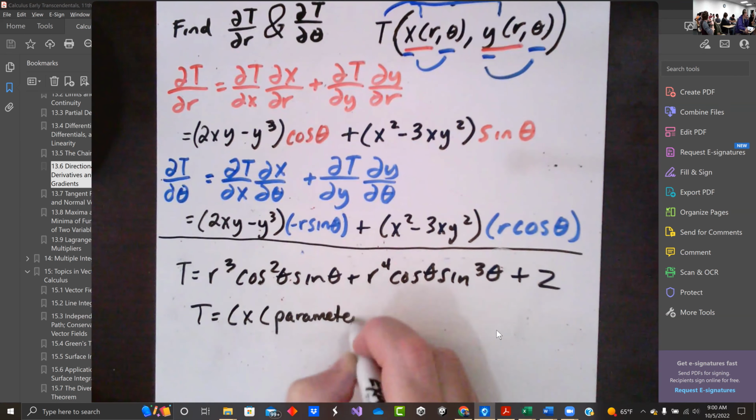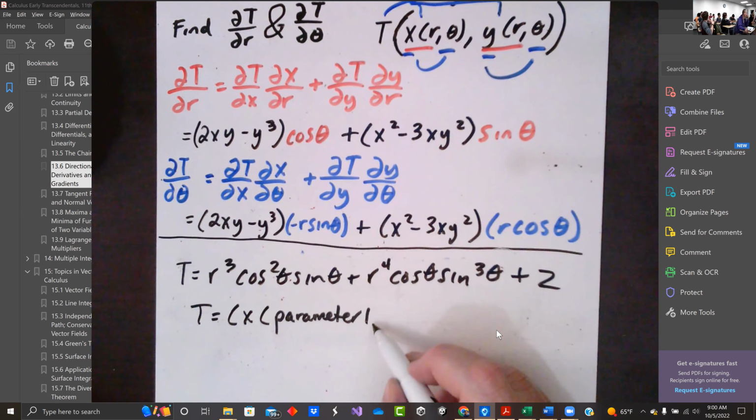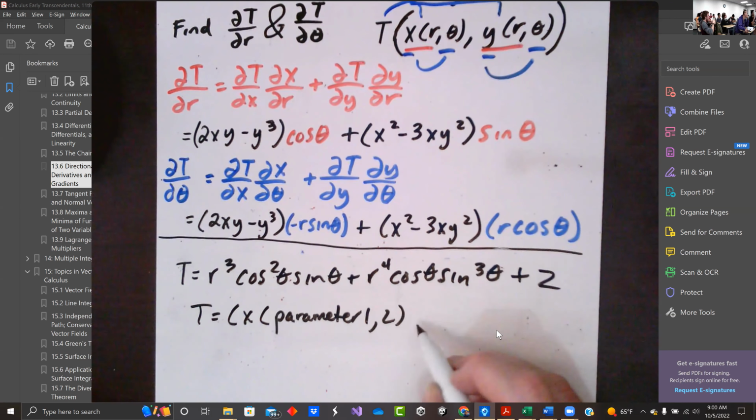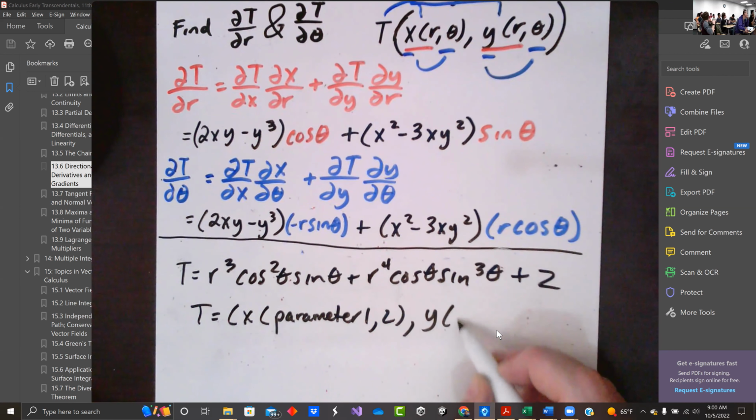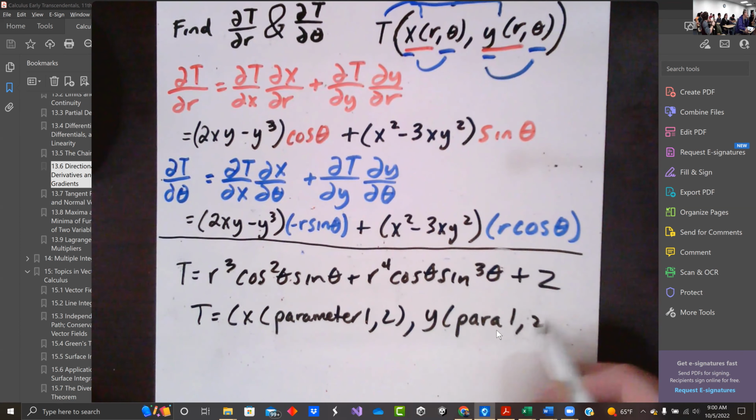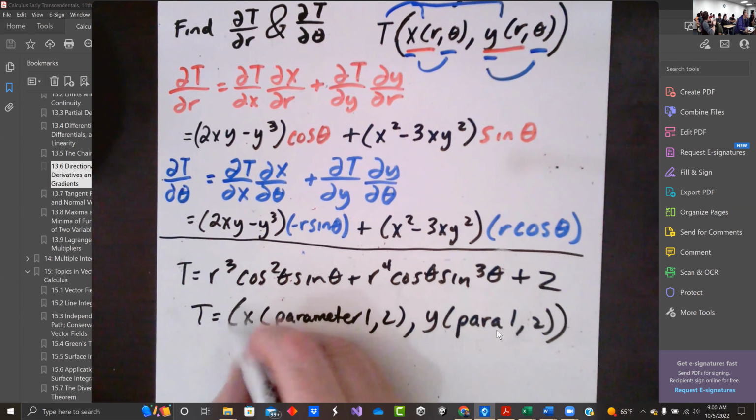This would make a function like this so much easier to solve than if you just plug everything in. That's my thought process.